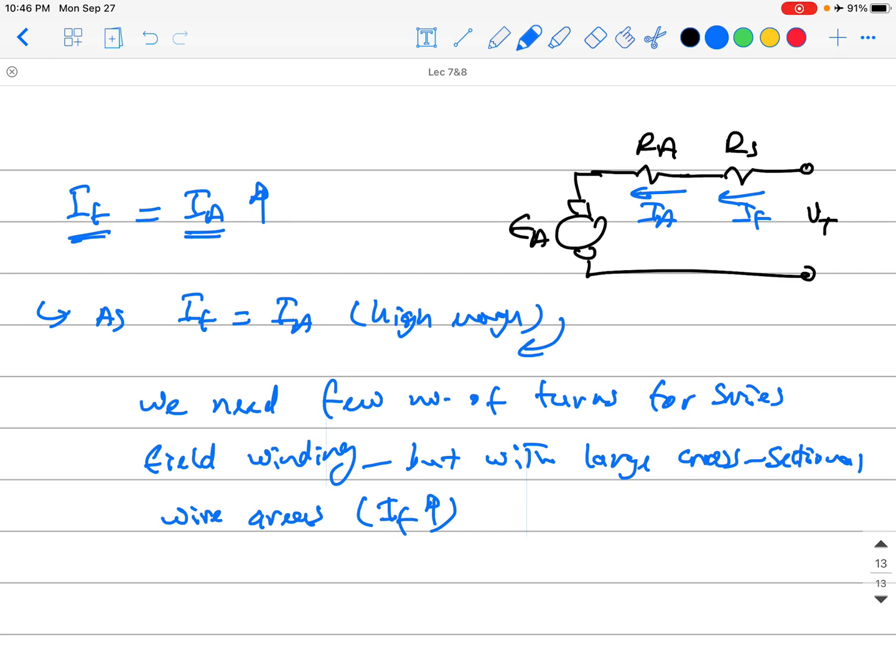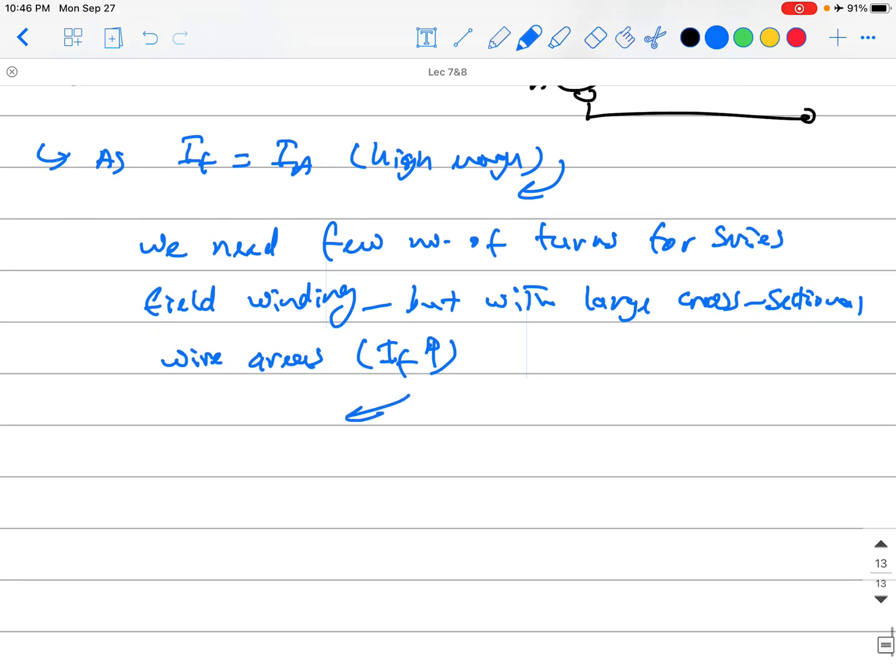Okay, guys? So that will mean that RS is small, not like RF when it was shunt connected. It was very high, and that was very good, because if it is very high, the current moving through it, which is IF, will be small, and that's what we needed in the shunt connected or separately excited motor.